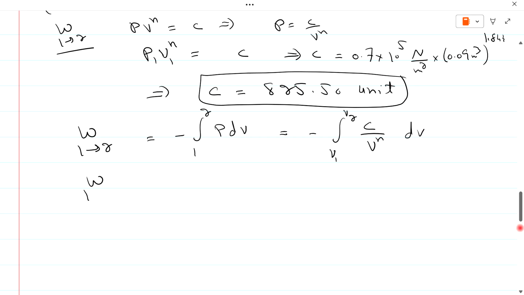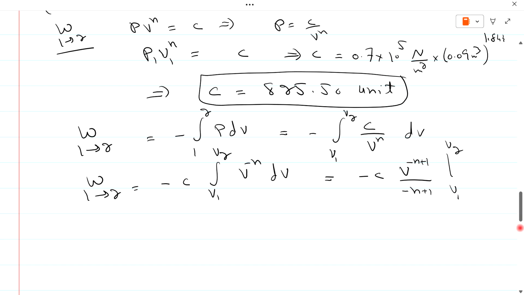So W from 1 to 2 is equal to, C is constant, and V^n in the denominator is V^-n dV, which is equal to minus C, and taking the integration, V^(-n+1) divided by (-n+1), with lower limit V1 and upper limit V2.